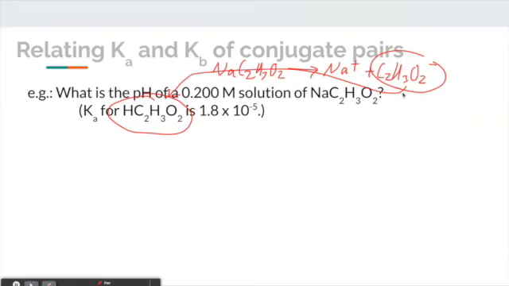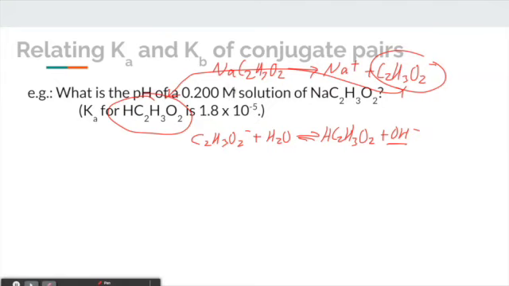So what do we really have here? We have C2H3O2 minus ions. Because that's a weak base, it's going to react with water, and it's going to produce HC2H3O2 and hydroxide. And we want to know what the pH is. We can get that by figuring out what's the concentration of OH minus at equilibrium.